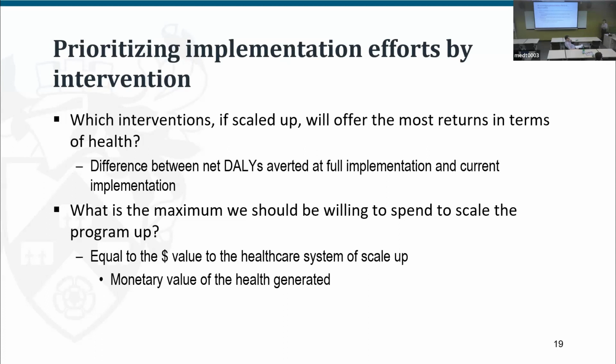That shows us where there's the potential for the most health gain across each of the individual interventions that we'd want to scale up. And we can also think about the maximum that we should be willing to spend to scale each of these up. And that is equal to the dollar value to the healthcare system, which is just the monetary value of that potential net health gain.